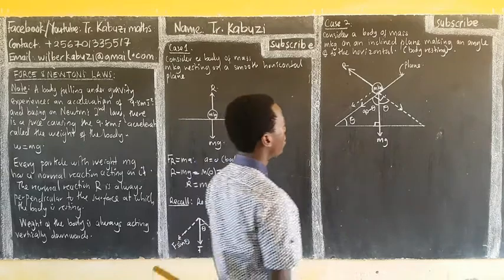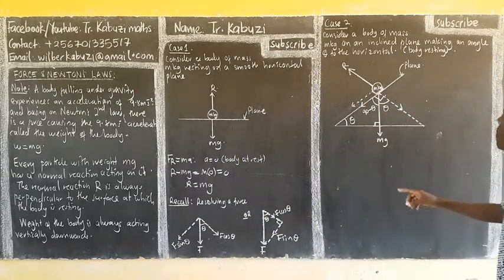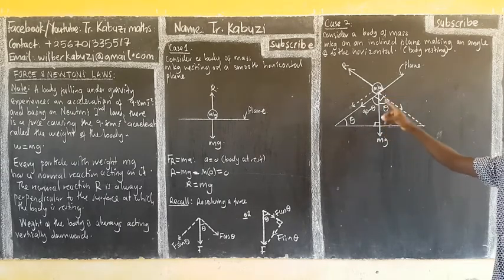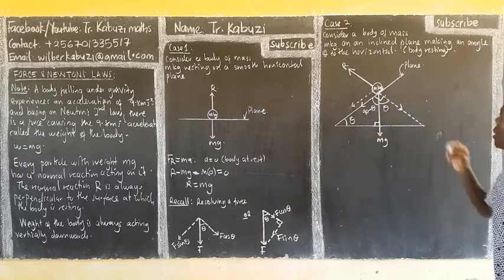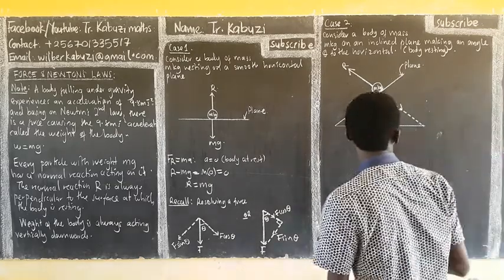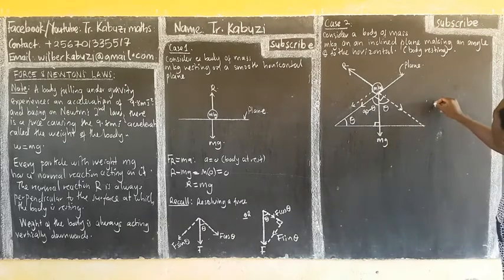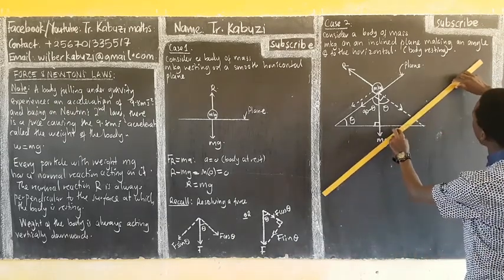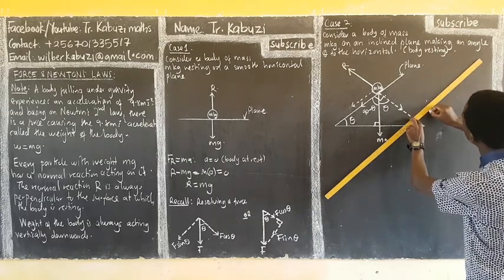So now, when you look at this, you can see that in simple terms, if I pull out this triangle here, what I'm going to have is something which is going to look like this.